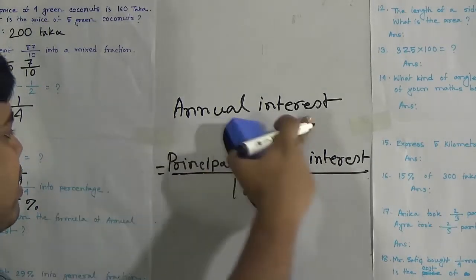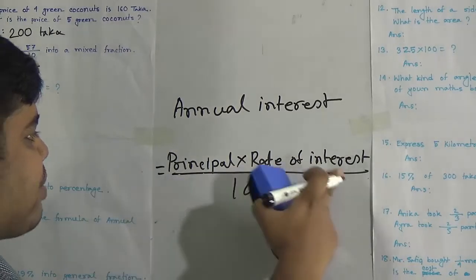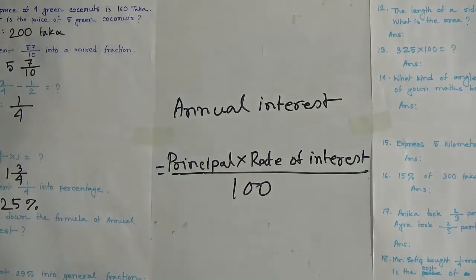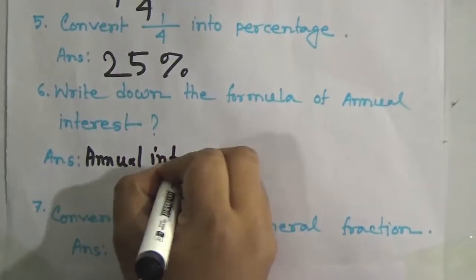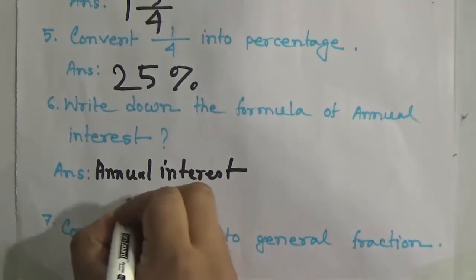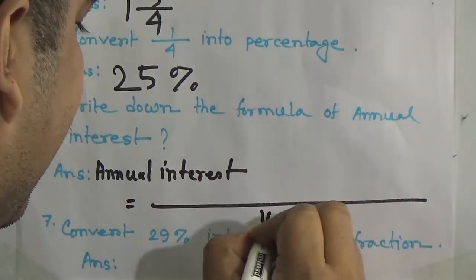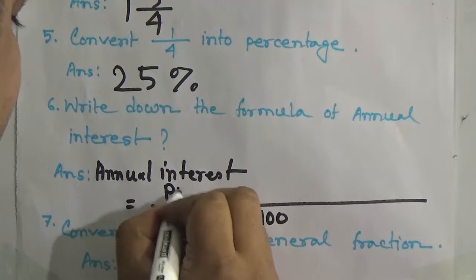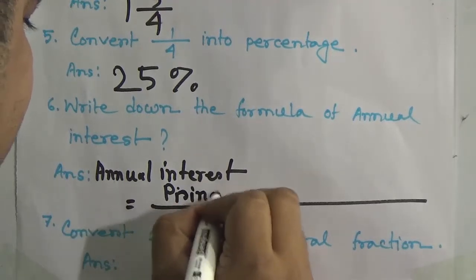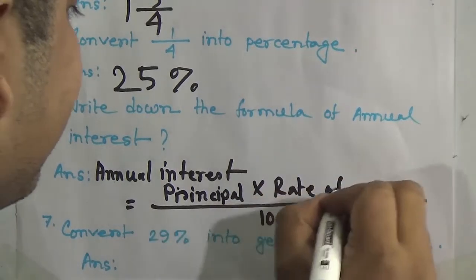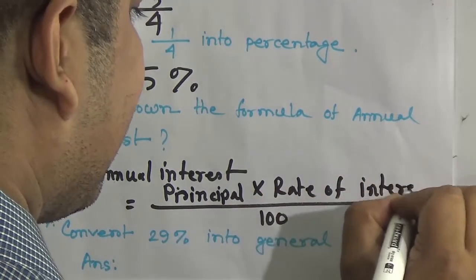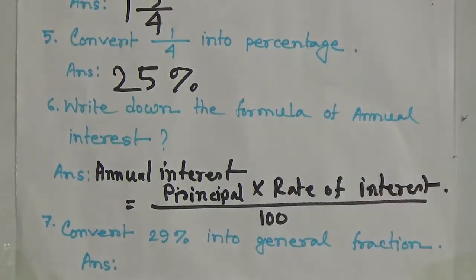So annual interest equals principal multiply rate of interest divided by 100. I hope you have understood.